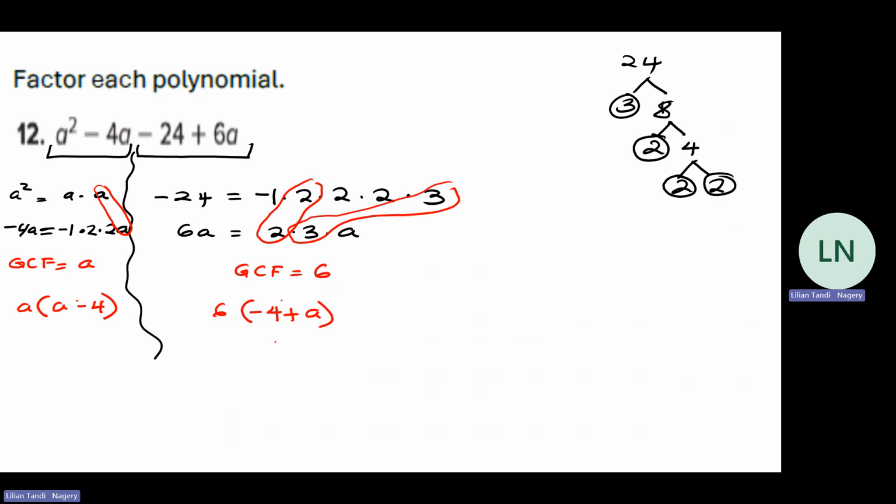So I can change it to a minus 4 and put the 6 there. Now, my outside and my inside. My outside is who? a plus 6. This 6 is positive, so there has to be a plus sign. Then my inside will be a minus 4. Box your answer.